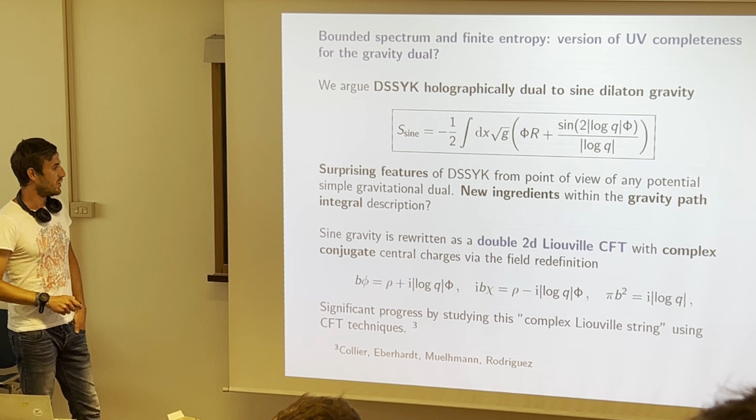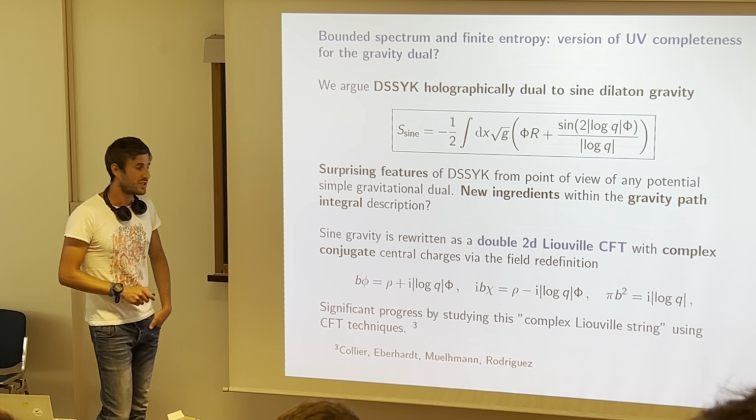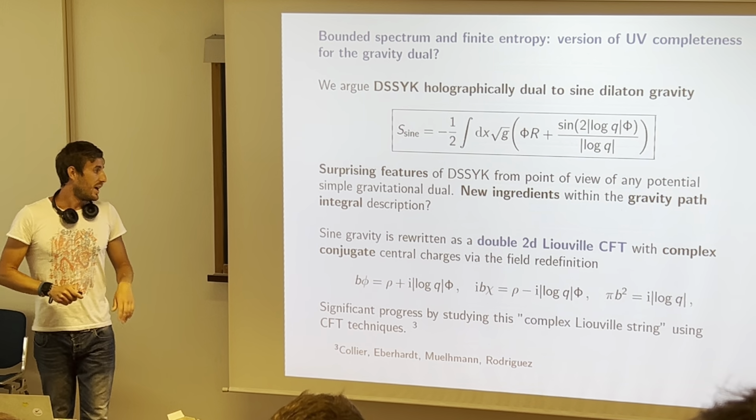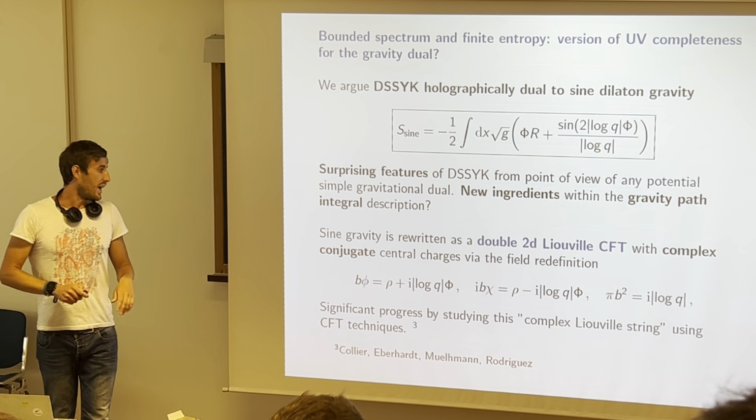What happens is that the phi R term, using this field redefinition, becomes a kinetic term for these two fields, phi and chi, and the sine potential splits into two exponentials, and these are just the exponential potentials of the Liouville theory. So through this field redefinition, we get a double 2D Liouville CFT, but the feature is that we have complex conjugate central charges for these two Liouville CFTs. And they add up to 26.